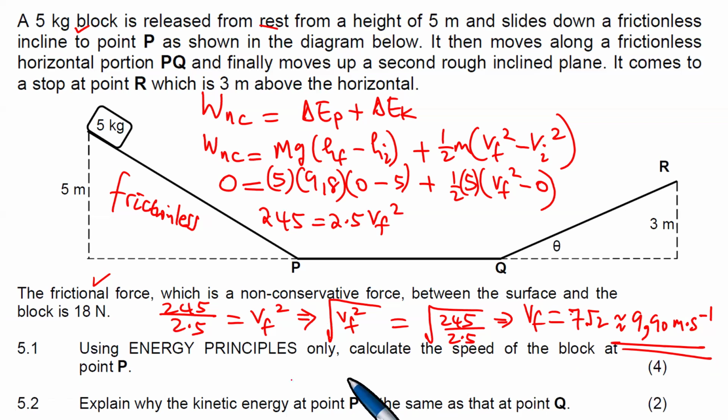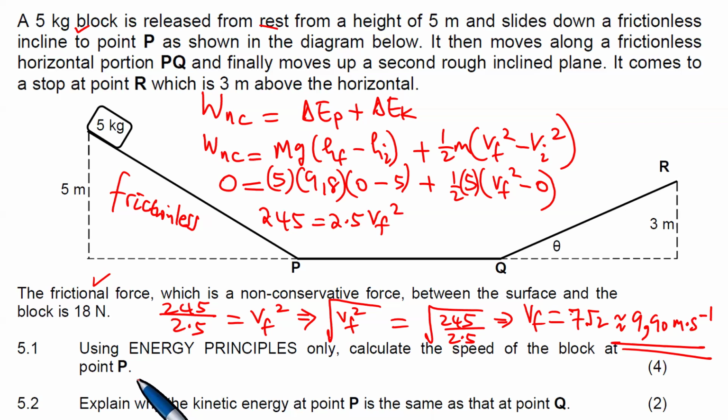So this actually becomes therefore the speed that we have. You can calculate the speed of the block at point P. It is 9.90. So that is what exactly we have here.